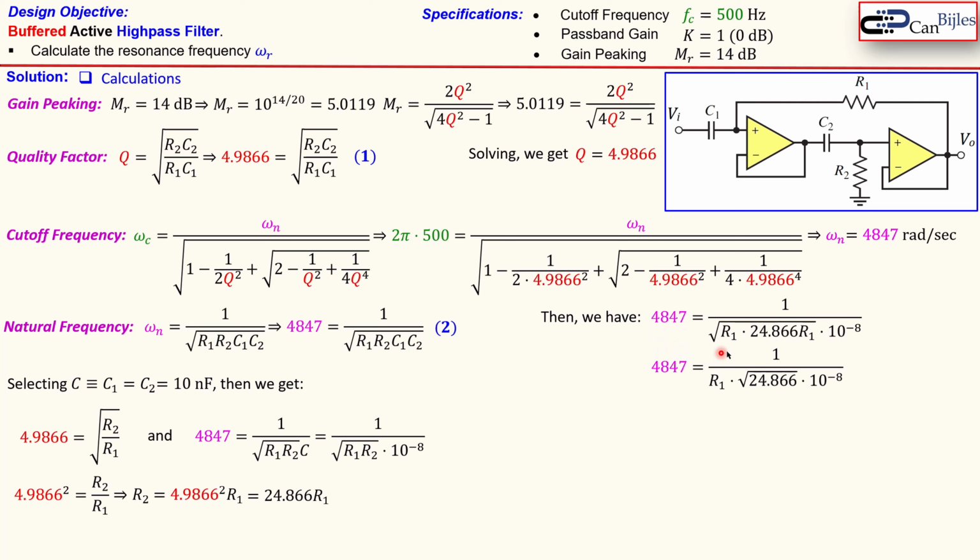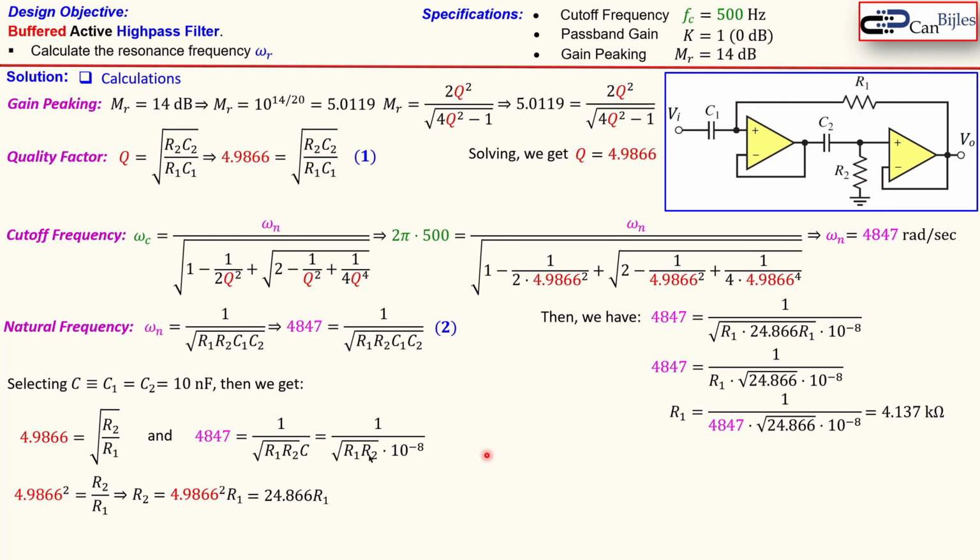That's shown here. You leave, of course, the square root of the 24.866 in your square root. This is, of course, just a number times the number here. And now we can rewrite this, so you have R1 is equal to this expression. Now this will be then almost 4.1 or 4.137 kilo.